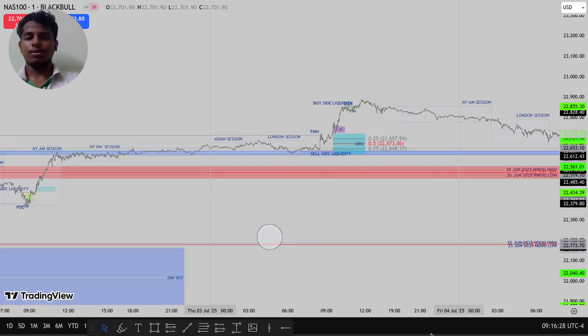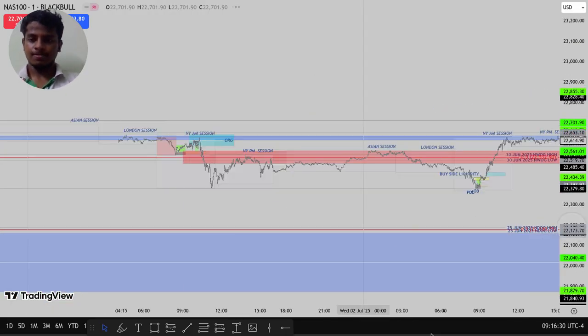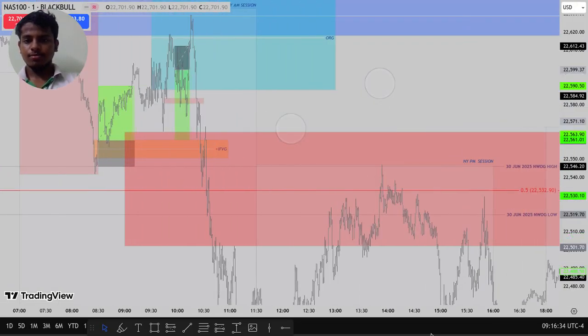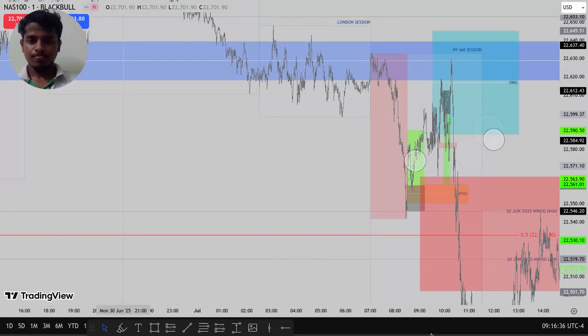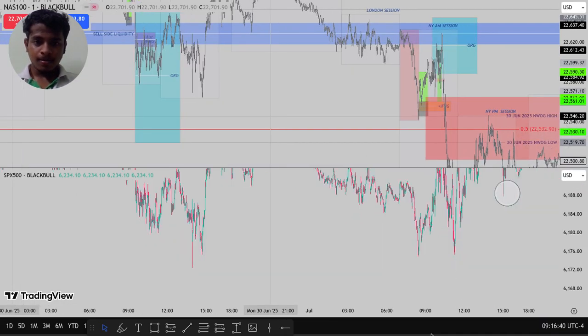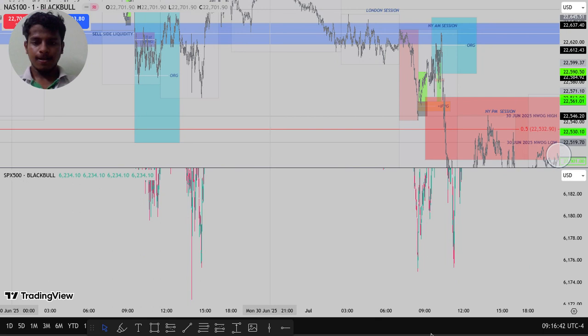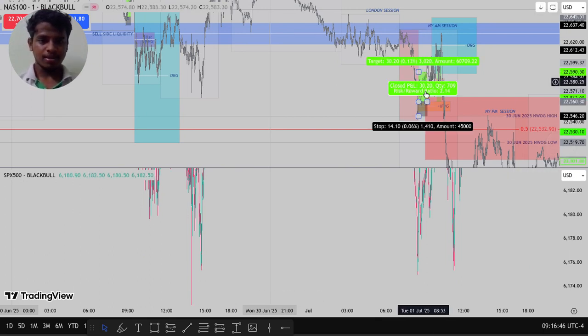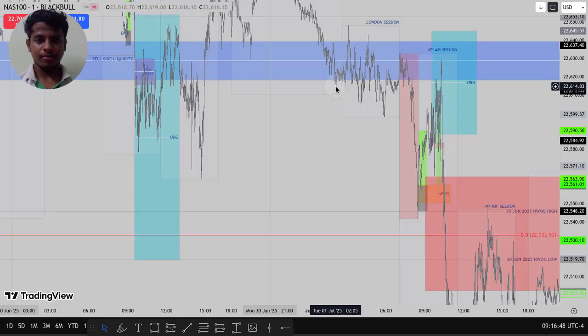You can see one high, low also there. Yeah, this low. Let's see, here also SMT. That's why I mark this trade, but I don't take that trade in my account, 100%.